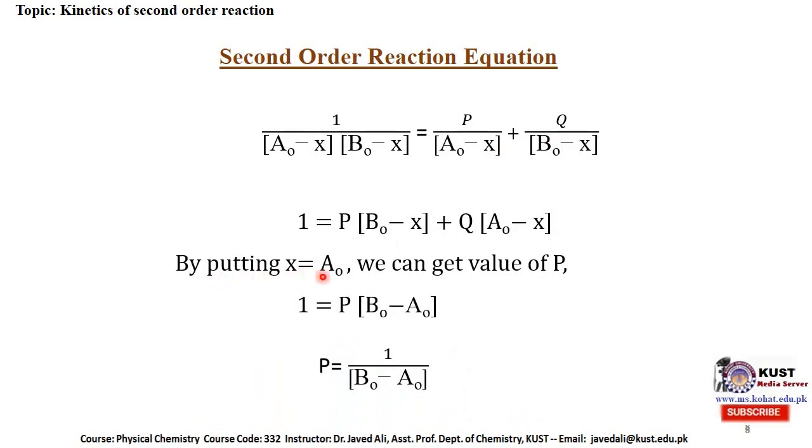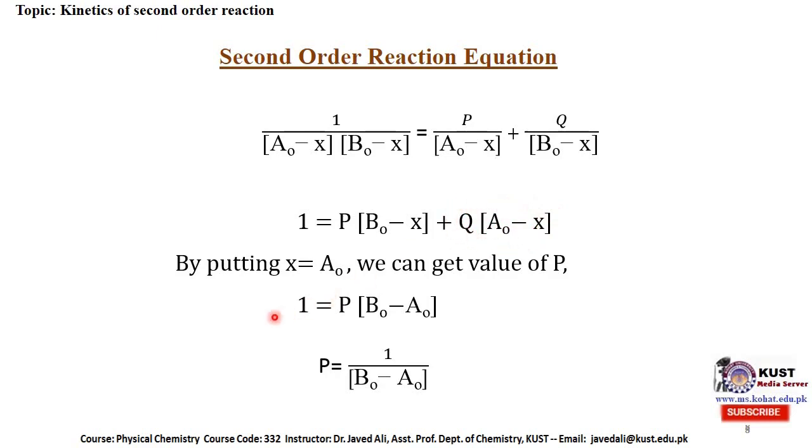By putting x value equal to a naught, we can get the value of p. When we put x equal to a naught, the term a naught minus x will equal 0, because a naught minus a naught is equal to 0, and q multiplied with 0, so the whole term will equal 0.